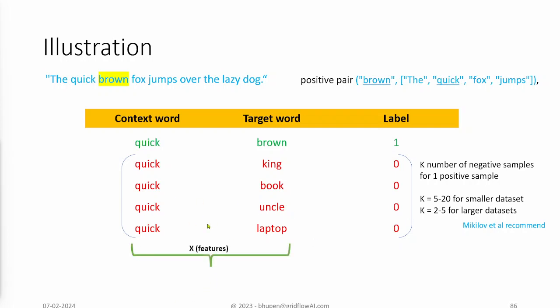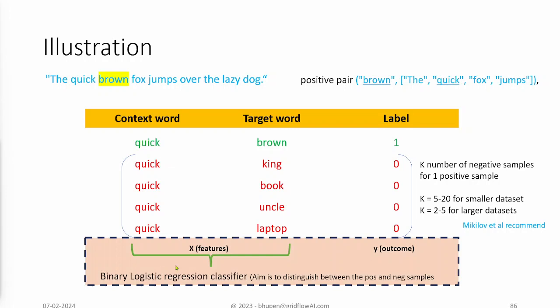So now I mentioned that with this combination, we are going to be doing a binary classification, essentially logistic regression. The context word and the target word become the features, and the label becomes the outcome or target for the binary classifier.